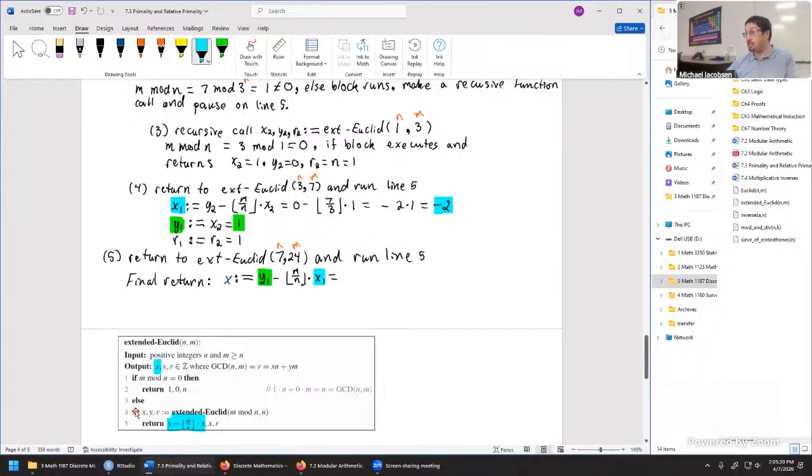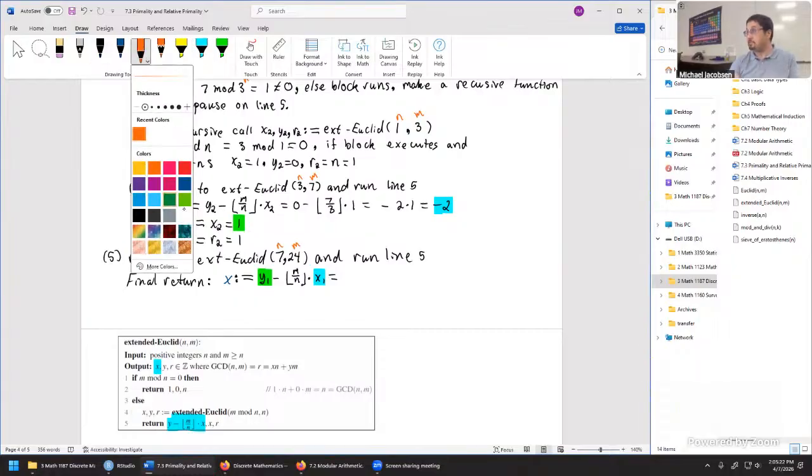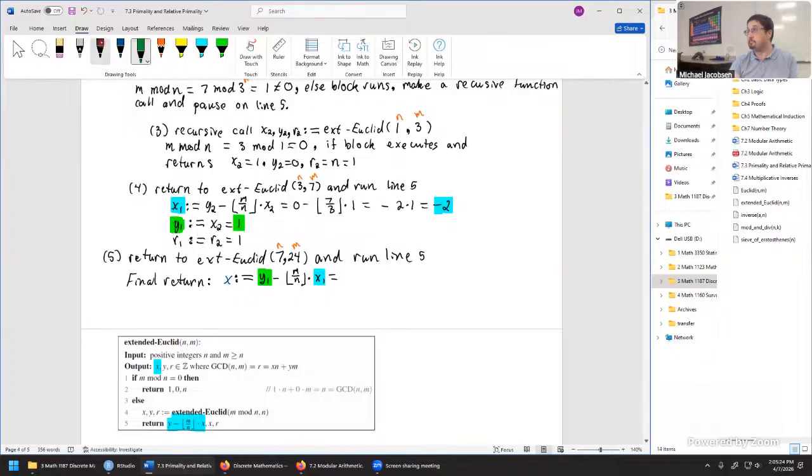So we have those values ready to go. That's what was given on step 1 when we did that recursive function call. Plug in y1, which is 1, minus the floor of m divided by n, in this case 24 divided by 7. The floor of a division like that is just the quotient. 7 goes in 3 times. That's the exact floor on that one.